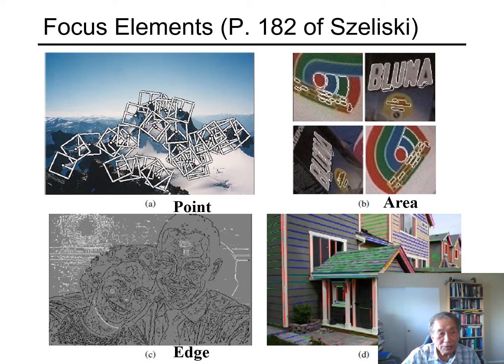Okay, so on page 182 of Szeliski's book, we see this kind of picture. So feature-wise, I'll delete my picture here. We have the feature points. They can be points. So maybe these little windows keep moving, and we are identifying those places where there is a point.